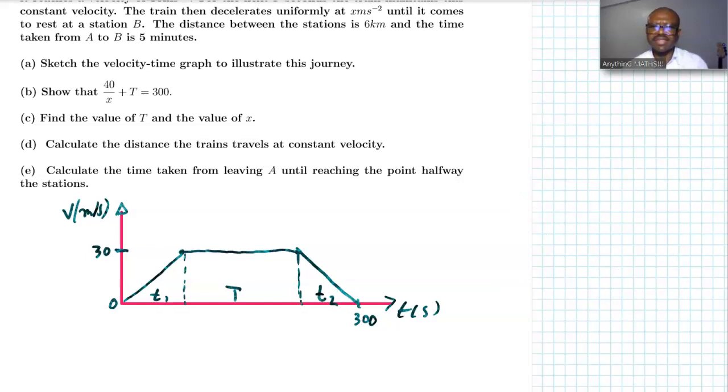The next part says calculate the distance the train travels at constant velocity. At a constant velocity, that is the rectangle. So the distance is simply the length, which is 100 seconds, and the height is 30.